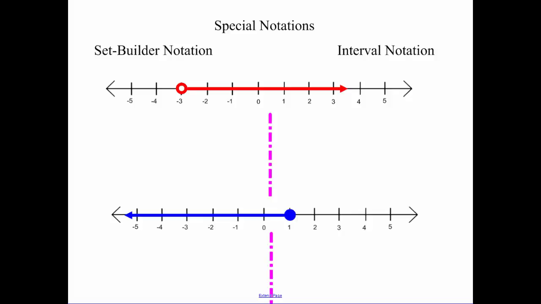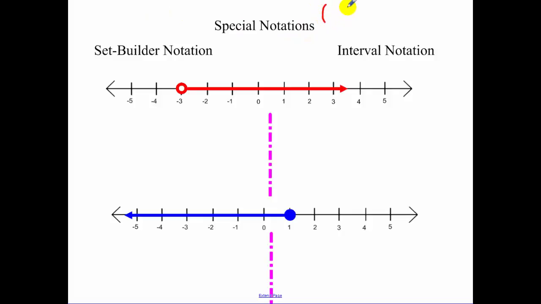Okay, as I was talking about earlier in this section, there's two special types of notation that by leaving this class I want you guys to know. Set builder notation we're going to be using a lot in later chapters when we talk about domain and range. But interval notation is putting numbers in between brackets or parentheses.